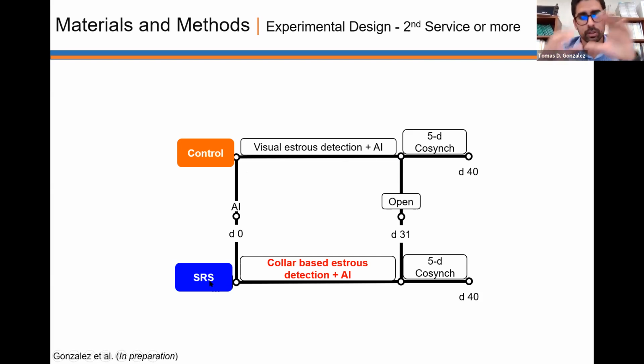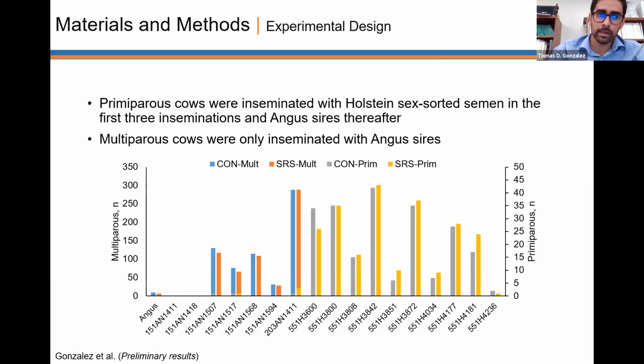In the study group with the collar, they're bred by the collar, by the system, and the same: if they don't show heat again and are called open with the pregnancy confirmation at 30 days, they're going to start the Co-Synch. So we give all the cows the opportunity to get pregnant, and most importantly, without affecting the reproductive performance of the farm.